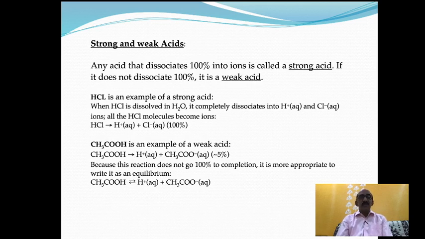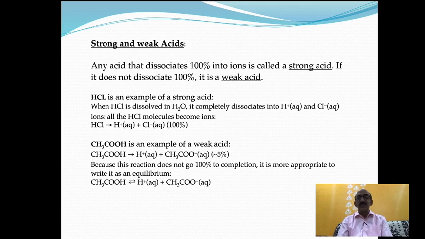Now, there are two types of acids: strong acids and weak acids. I will explain what a strong acid is. Any acid that dissociates 100% into ions is called a strong acid. If it does not dissociate 100%, it is a weak acid.